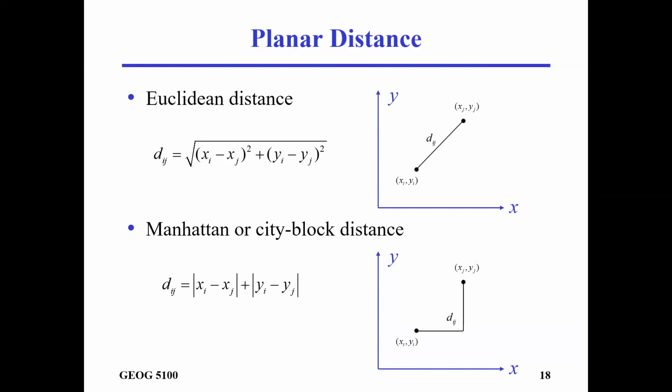So how long did you travel? You calculate this part of the distance first, and then you calculate this part of the distance for the second part. Which means that you travel to the east and then you travel to the north. So it is called Manhattan distance, or city block distance.